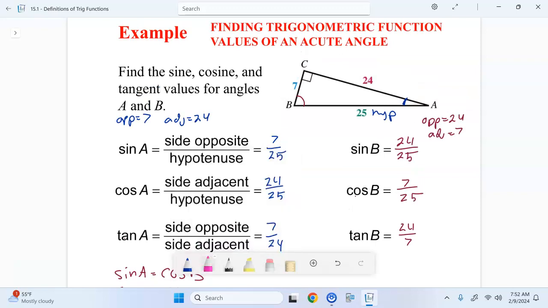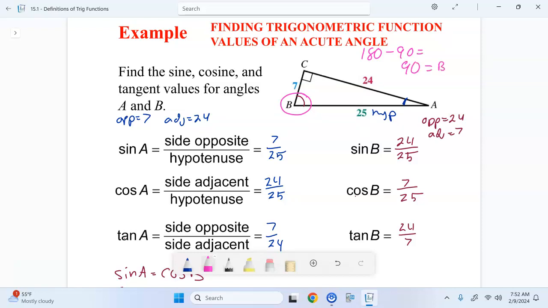Okay? Something else I want to point out. If I knew the measure of angle B, what could I do to find the measure of angle A? From 180, right? Now, with a right triangle, we always have a 90-degree angle, right? So, if I take 180 and I subtract 90, I'm left with what? 90.